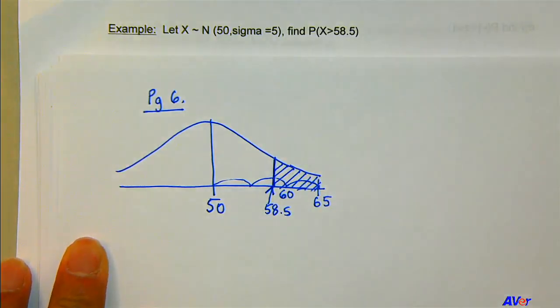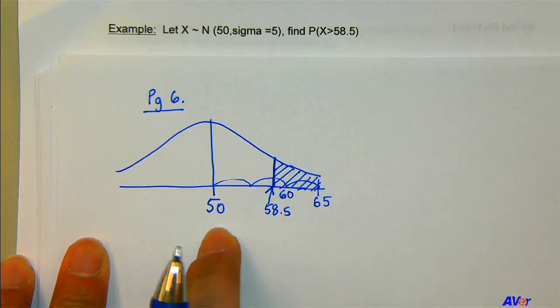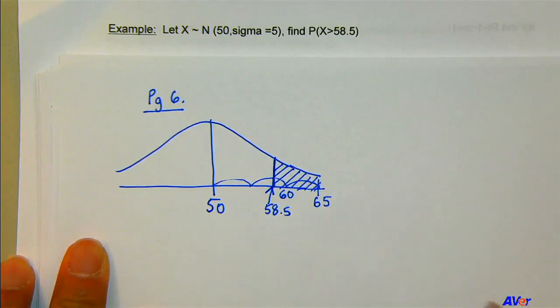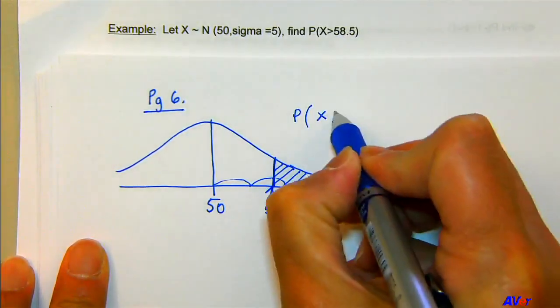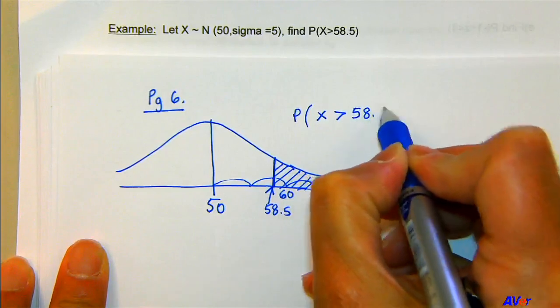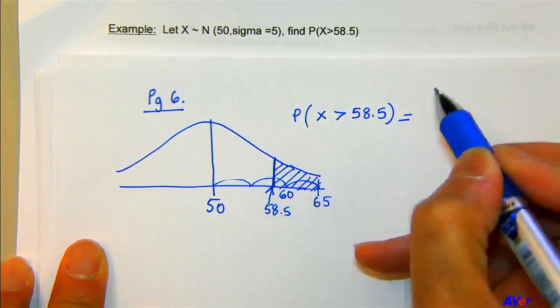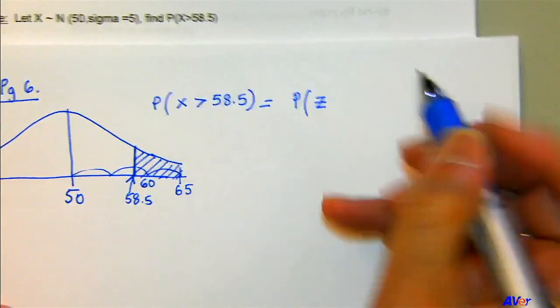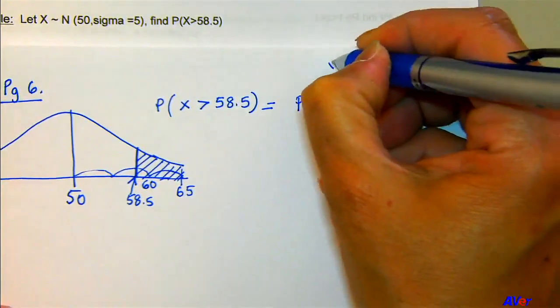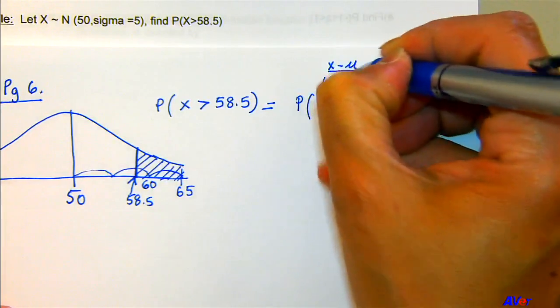Agree? So I don't have a table for this strange function with mean 50 and sigma 5. So of course I'm going to convert it to z using the formula that I know. So probability x greater than 58.5 is equal to probability z. Remember the formula for z is x minus mu over sigma.